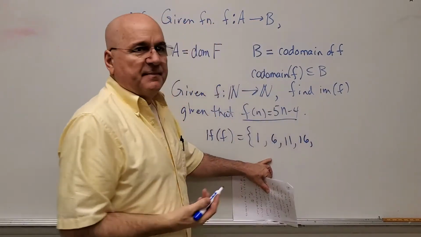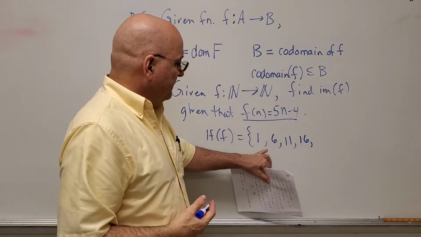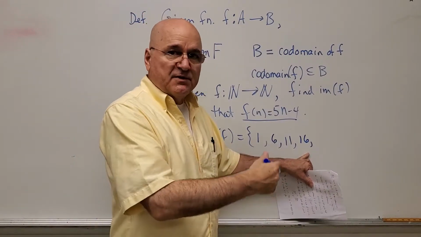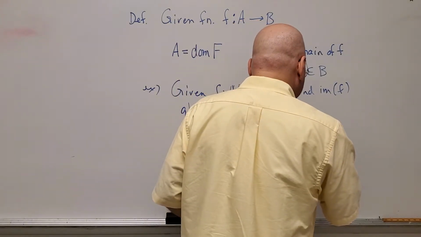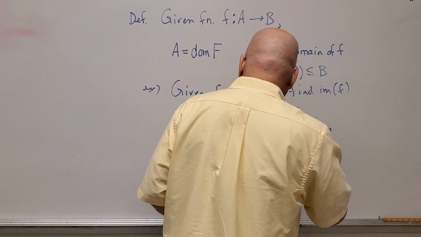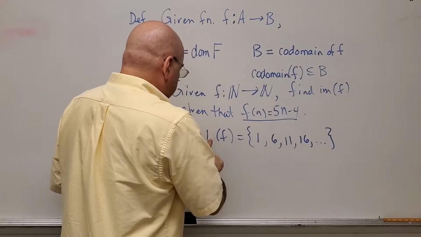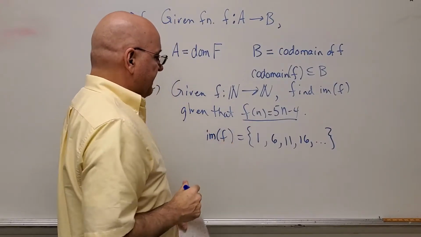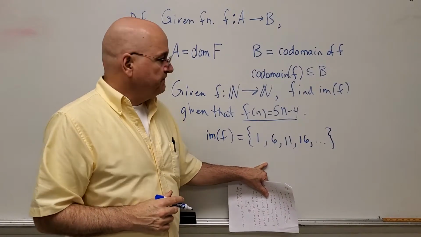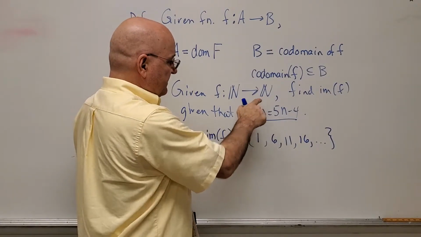And I think we can see the pattern from here on out: 1, 6, 11, 16, 21, 26, 31, 36, and so on. The image of f is this set, a subset of the natural numbers.